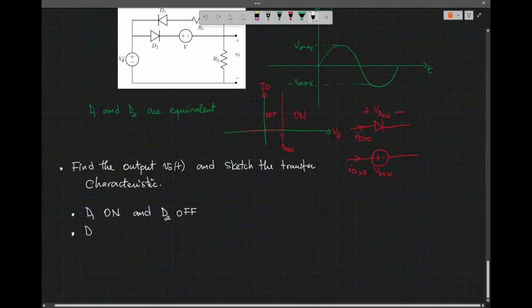D1 off and D2 on. The third one will be D1 off and D2 off.